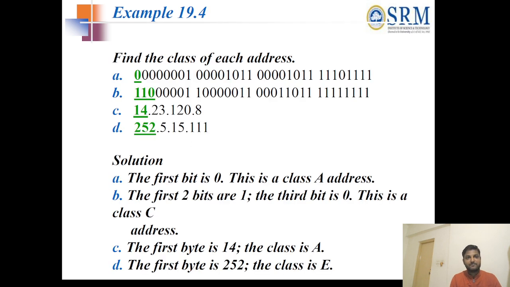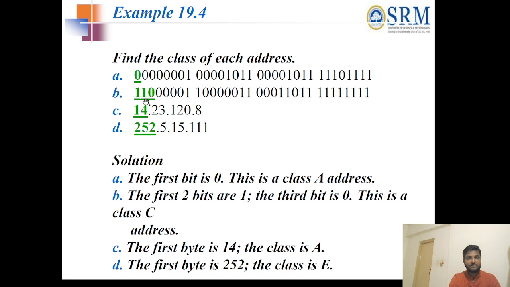Then the next question: find the class of each address. It is a logical, comprehension kind of question. If the binary representation is given, like for A and B, we can easily say: if the leftmost bit is 0, that means it is a class A address. If the leftmost bit is 1, then we have to check the second bit.